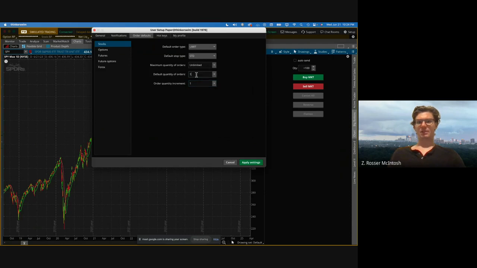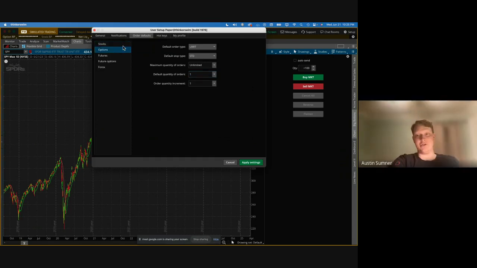Basically, this means the default order quantity when we set up an order. Then order quantity increment means if we hit this plus or minus, and that's set to 100, every time we hit plus or minus, it's going to add or subtract 100 shares. I don't know about you, but I'm not trading options at 100 shares.